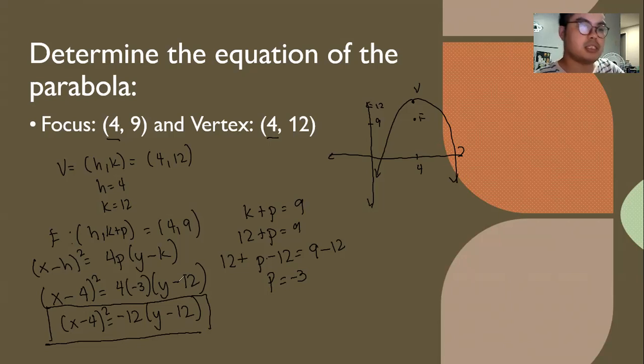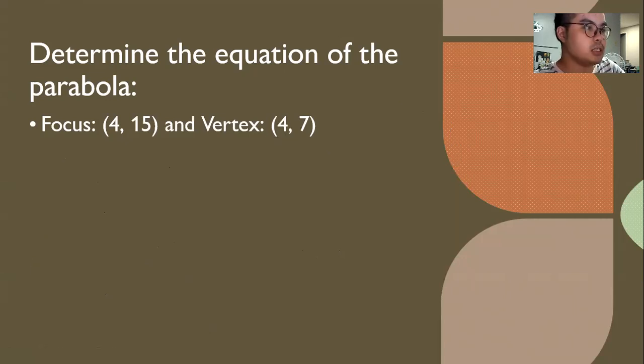Okay, so next, what we're going to do here is, the value of x of our focus and vertex are the same. So we can identify that it is a vertical parabola. Okay, so now we're going to illustrate or imagine.